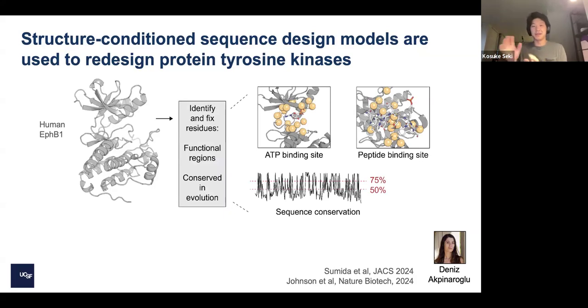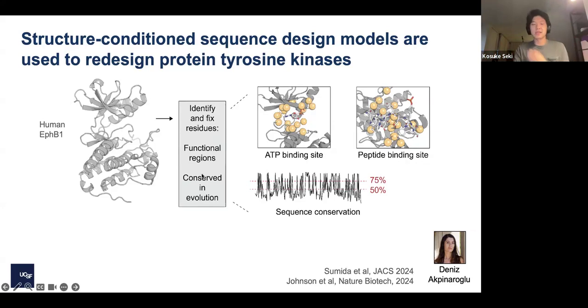We find those important residues firstly by looking at the functional regions in this protein. For example, in this protein kinase, there's the ATP binding site, which is really important, and also the peptide binding site. These are sites in the protein that are important for binding the substrates of the protein, which are ATP and a peptide. Those are structural regions where we tell the model that it can't mutate these residues.